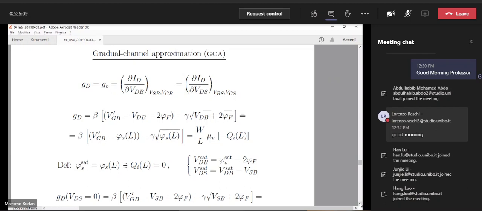In the other representation, in which the voltages are referred to the source contact instead of the bulk contact, the drain conductance is defined as the derivative of the drain current with respect to the voltage VDS, that is the difference in the drain and source voltages, while keeping VBS and VGS constant. If you check, the two definitions are completely equivalent.